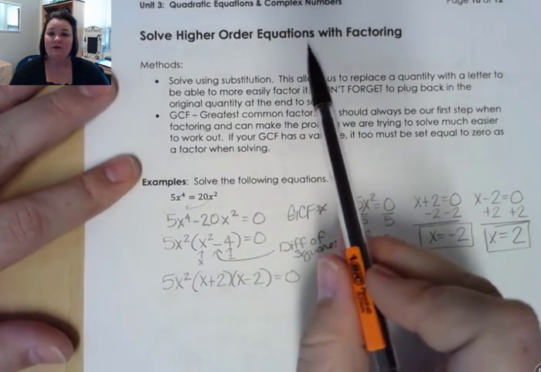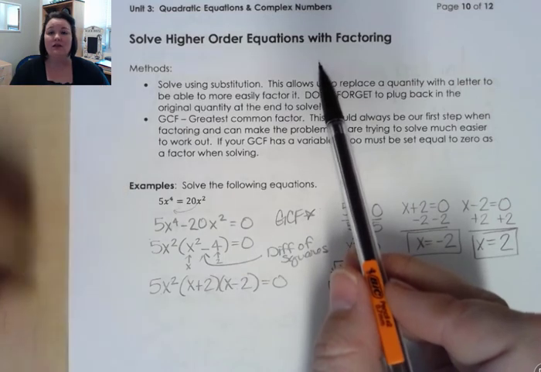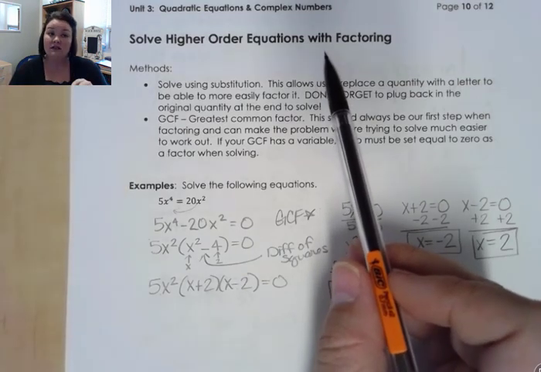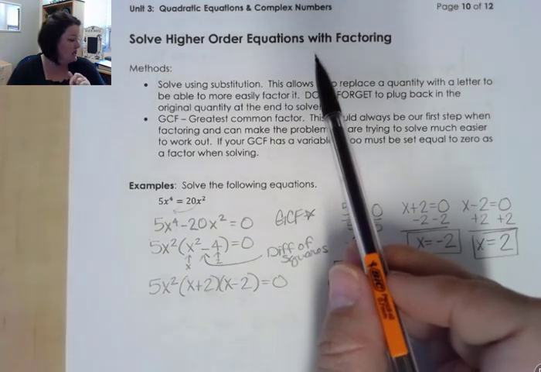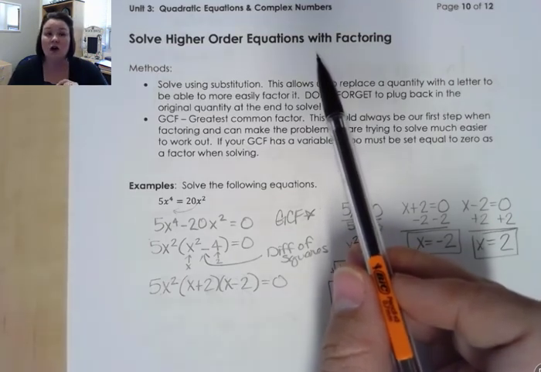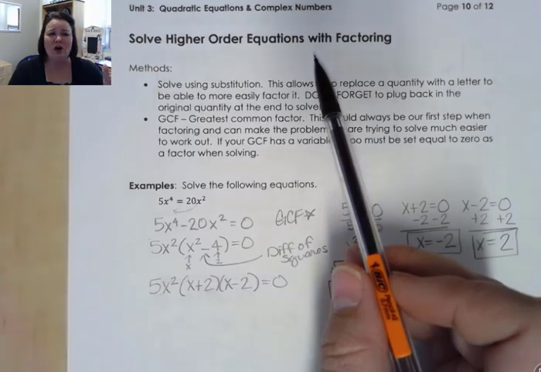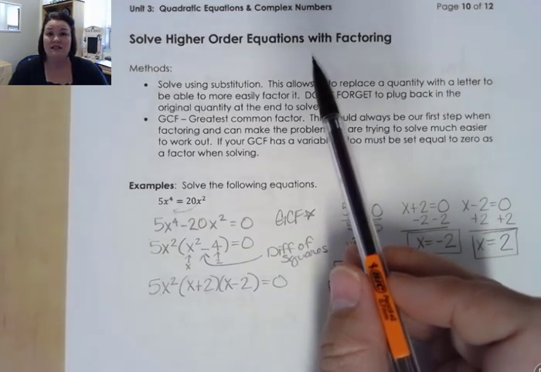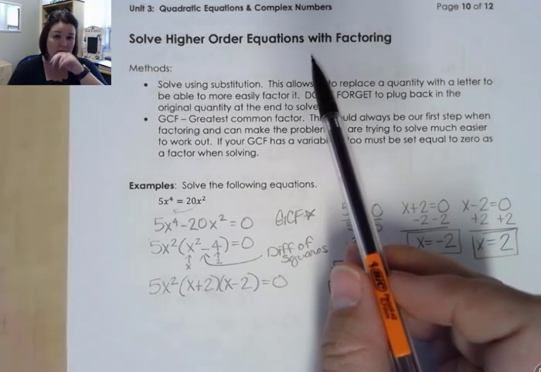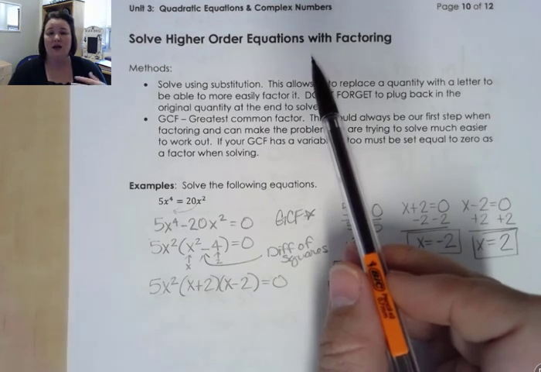So you should now be able to complete that assignment in Knewton. And then you should also be able to do the worksheet that's called solving equations. It's kind of a review of all the different solving methods that we have done. On that worksheet, you can use any of the methods that are applicable to the question.